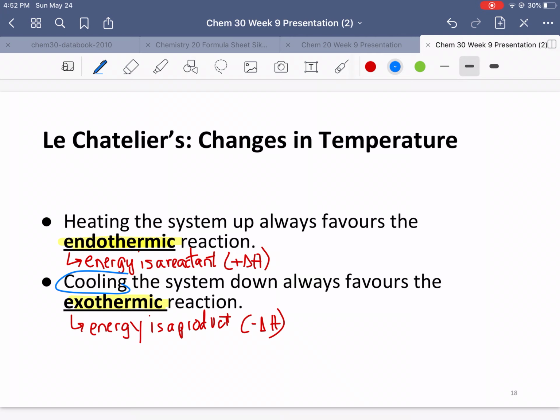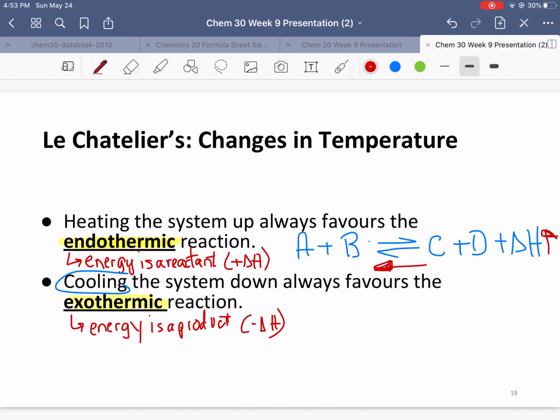Here's another way to look at it. From an endothermic perspective, if I heat up the system, then we're going to have reactant A, say, plus reactant B, in an equilibrium type system, producing reactant C and reactant D. And then I'm going to put plus our delta H. If I increase the temperature, naturally the reaction is going to look at that and favor the reverse.